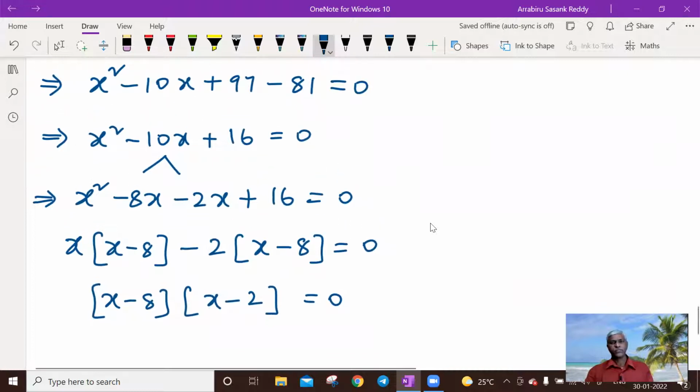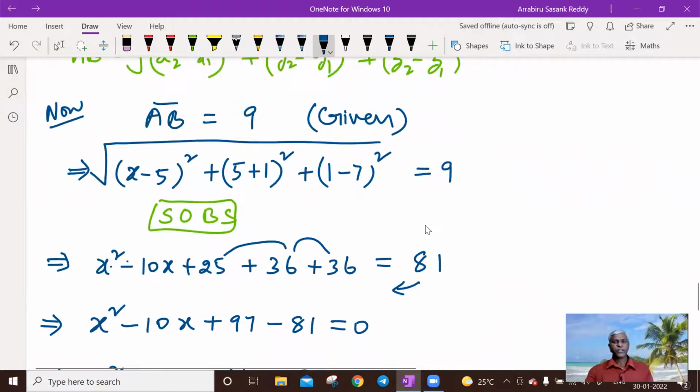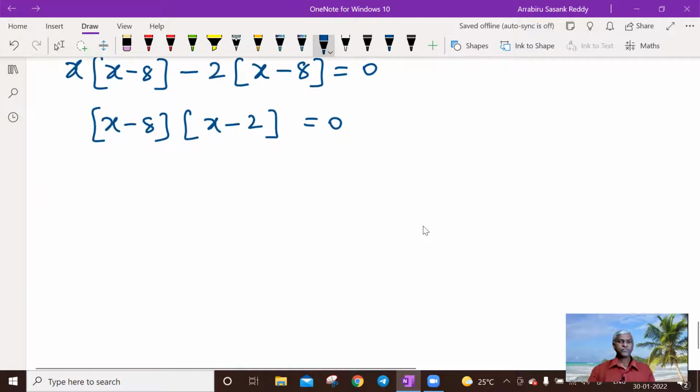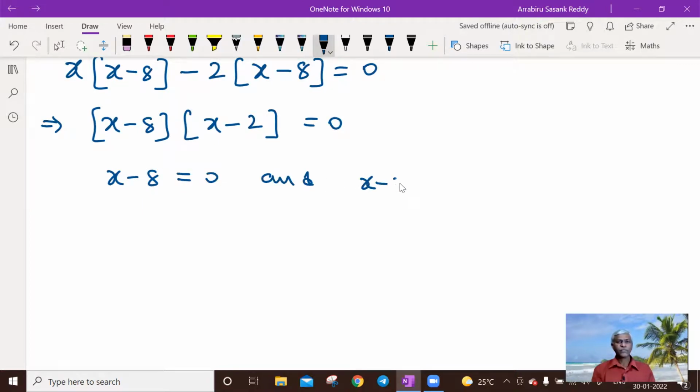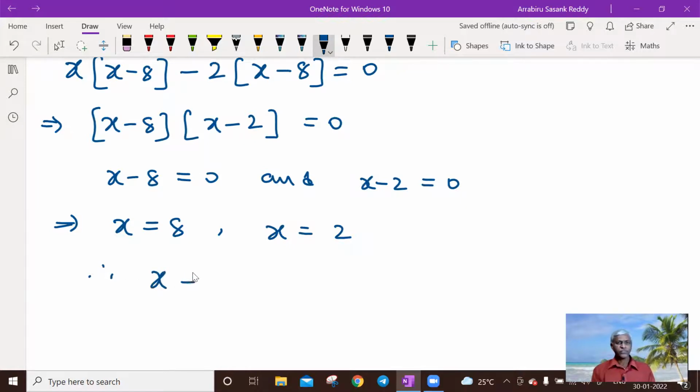This is the factorization method for solving any quadratic equation. Now, equating both factors to 0, x minus 8 is 0, x minus 2 is 0, x minus 8 becomes plus 8, x minus 2 becomes plus 2. Therefore, the x values are 8 and 2.